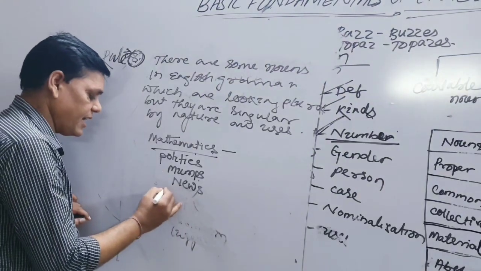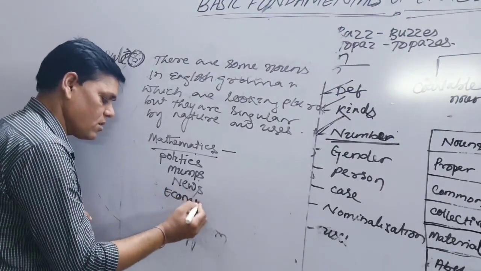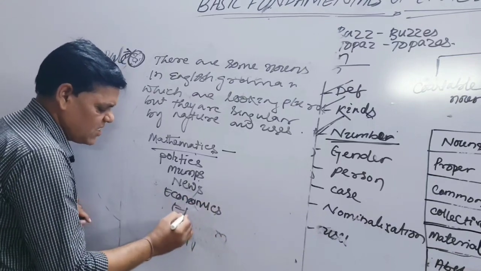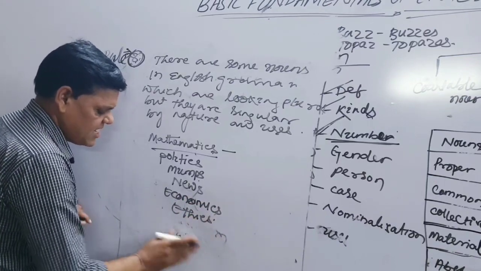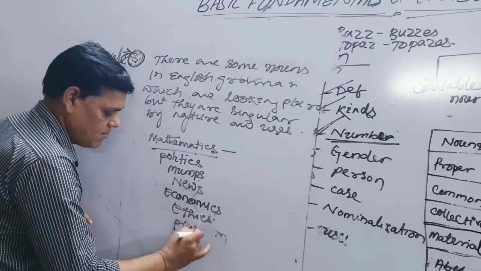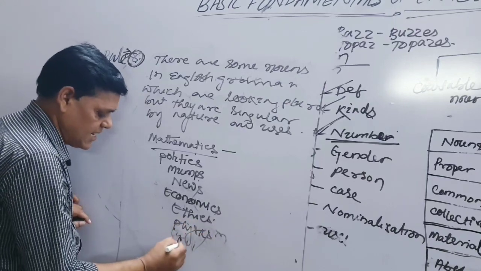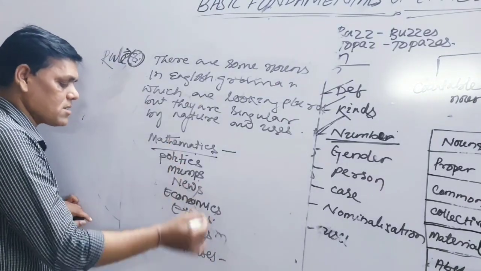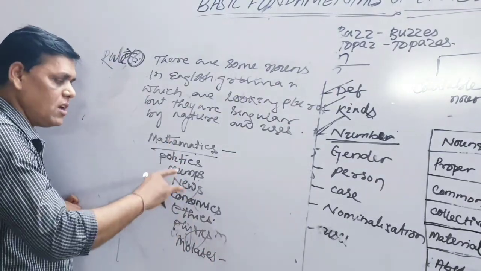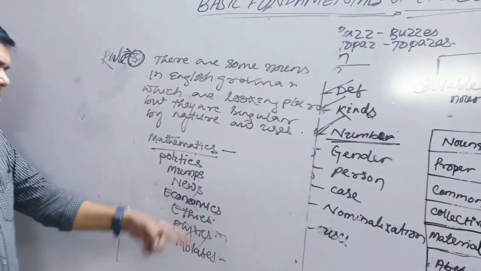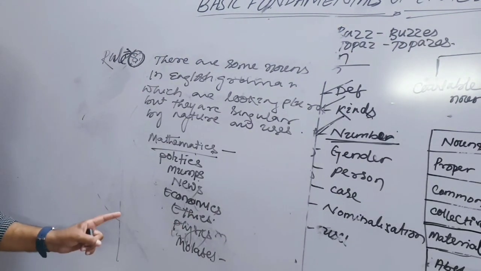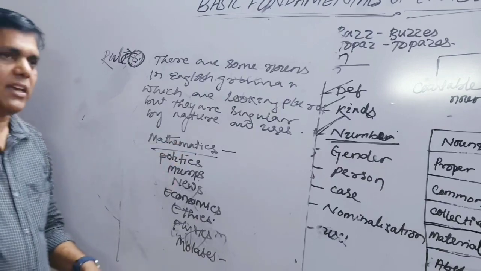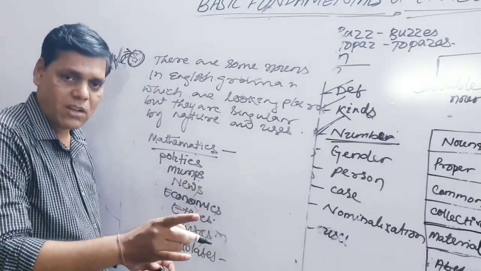Like that, economics, ethics, physics, molasses. All these words end with S, so one can say that they are plural. But no, dear students, these are not plural. They are singular and are used in the sense of singular, following singular verbs.